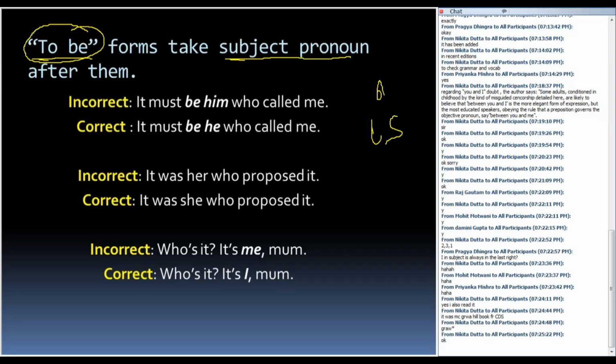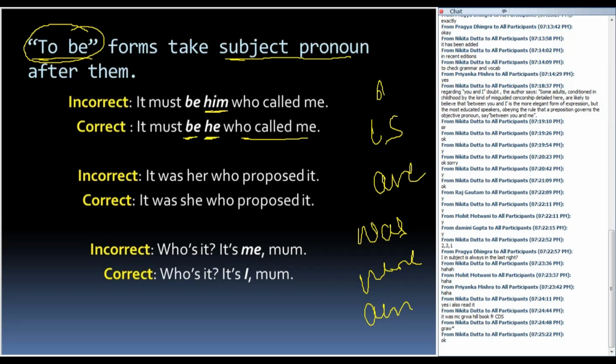Is, are, was, were, am. These are the to be forms of the verb. So after the to be forms of the verb, do not use the objective case, use the subjective case. For example, it must be him who called me. Wrong. It must be he who called me.